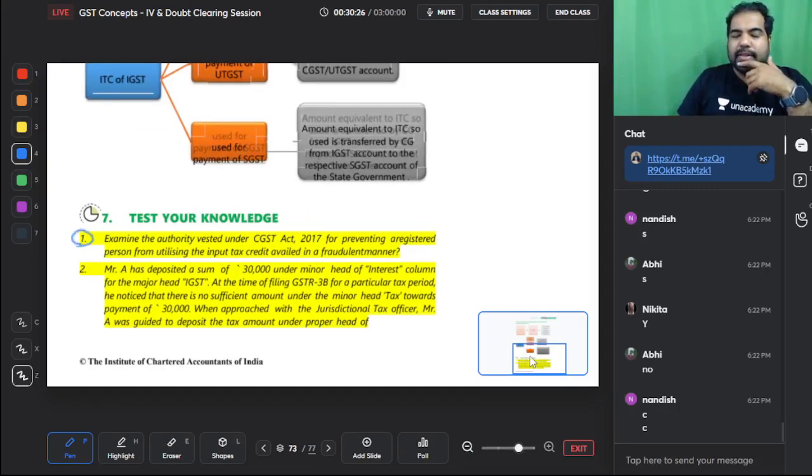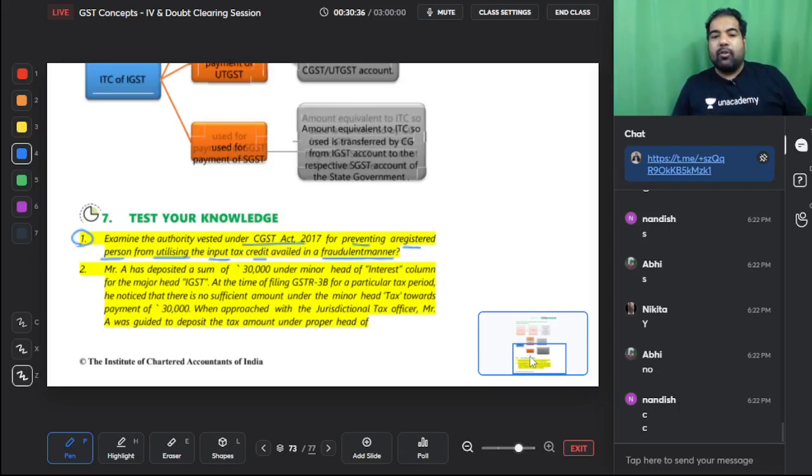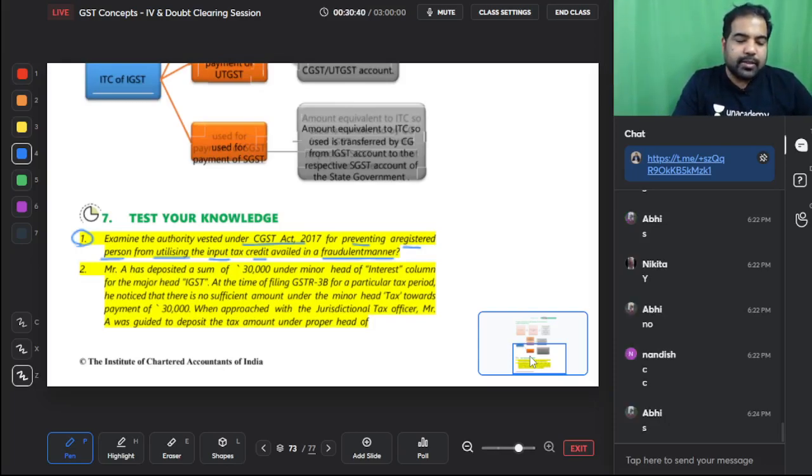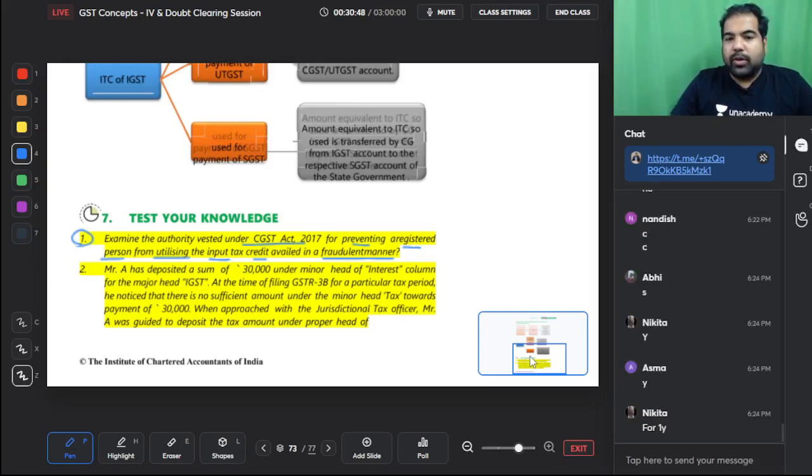Examine the authority vested under the CGST Act for preventing a registered person from utilizing the ITC availed in a fraudulent manner. Guys, do the GST authorities have any power to prevent a registered person from utilizing ITC? Yes. What is the rule, if you remember the rule? The rule is 86A.